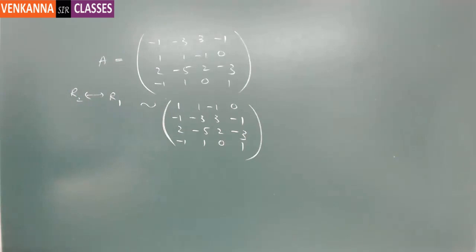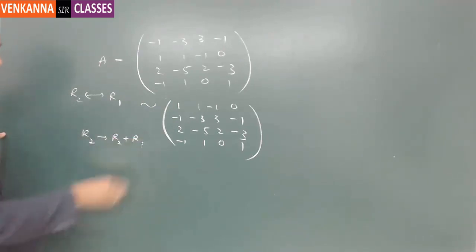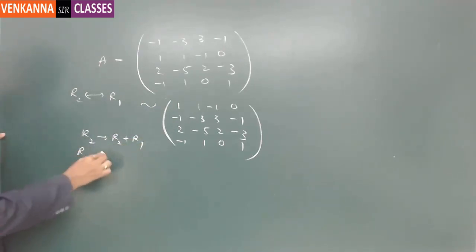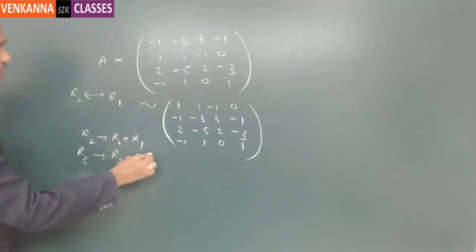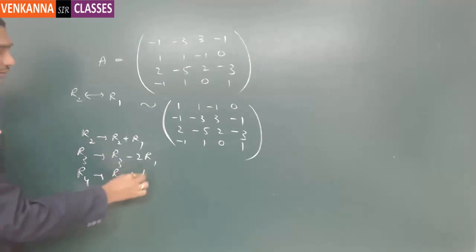We do the procedure as it is. Otherwise, we will interchange so that if 1 is there in the first position, it is convenient to apply the row operations. So to make it 0, we do R2 tends to R2 plus R1. R3 tends to R3 minus 2R1, and R4 tends to R4 plus R1.